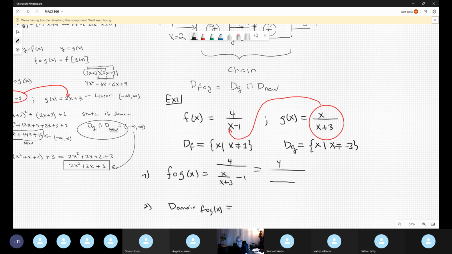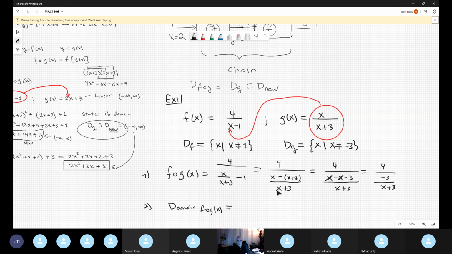And you find the least common denominator in the bottom part. Entonces, x minus x plus 3. 4 over x minus x minus 3 over x plus 3. Ooh, something weird happened. This x cancels out and stays 4 over negative 3 over x plus 3.